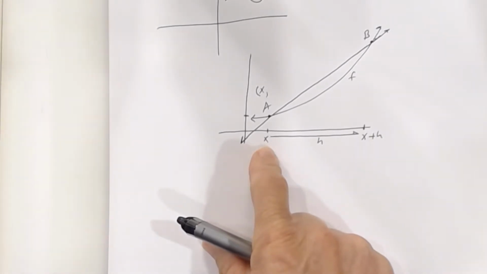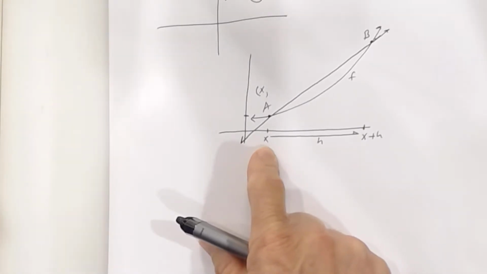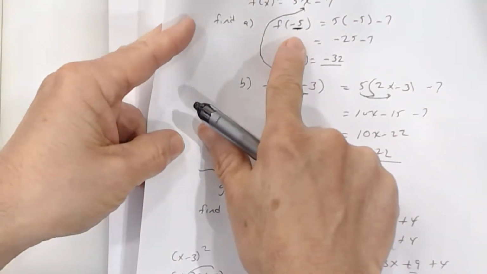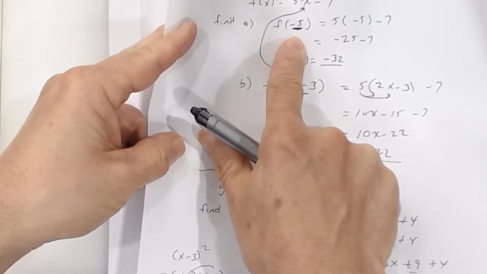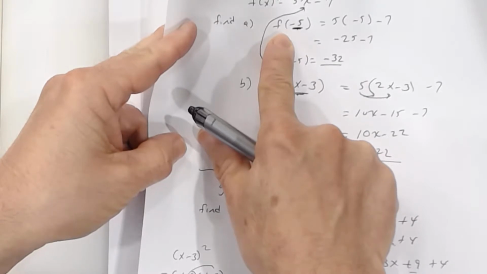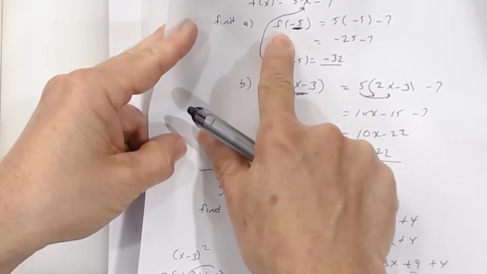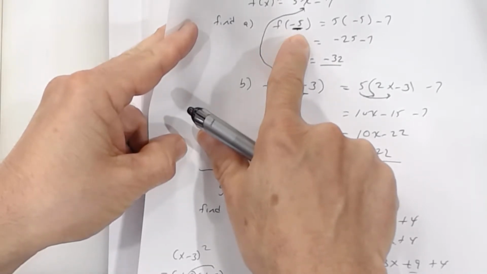So in this case, this x coordinate is denoted as x. So how will I write my y coordinate? How can I find my y coordinate? If my x coordinate is negative 5, how do you find your y coordinate? Notation, guys. You tell me notation. We said let's find what? F of negative 5.